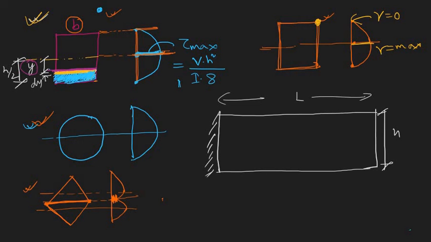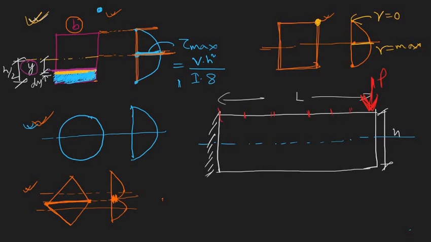Now let's say you are applying a load here. This is the applied load P. So of course in between the support and the load there is both shear force and bending moment. Let's say this was your neutral axis.